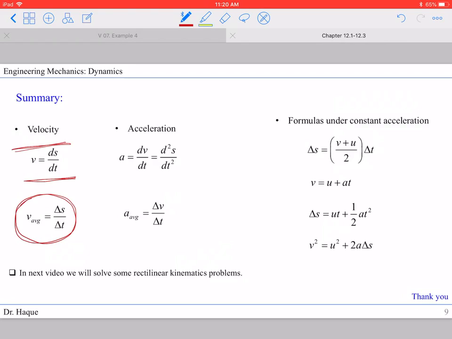Same thing for acceleration: change in velocity over change in time, and it can also be represented in a second derivative form. And we derived four formulas, and those are only valid for constant acceleration.